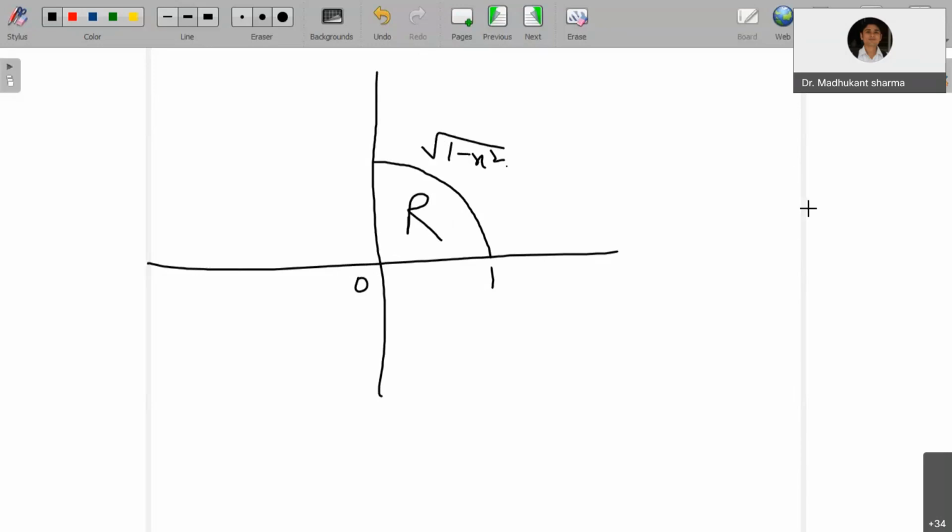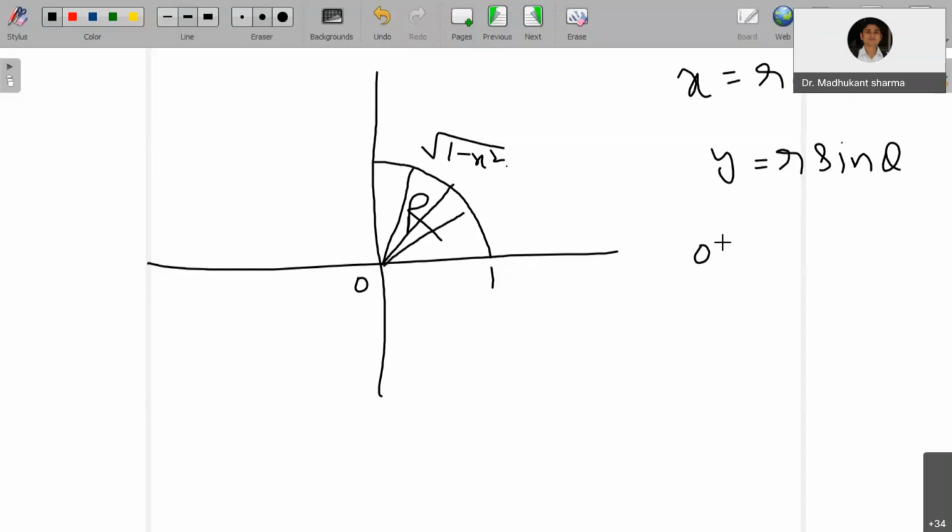Now, in the polar form, what is it? So when you have x equals to r cos theta, y equals to r sin theta. Okay, so here I hope that is easy to get now. At any point of this R, you take any point on this, r is always 1.